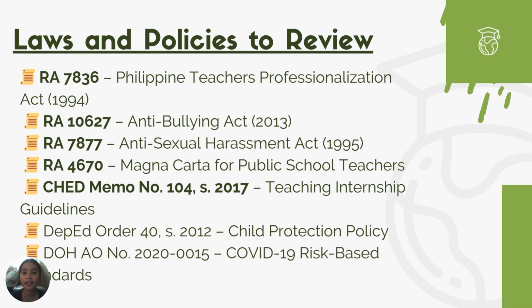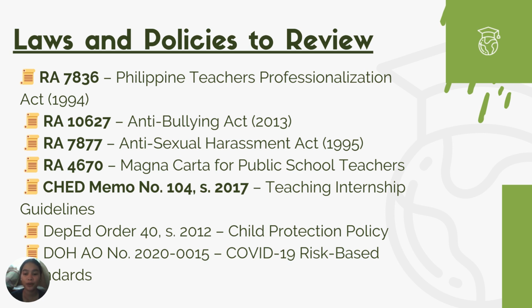The RA 7877, or the Anti-Sexual Harassment Act of 1995, this law protects students and teachers from any form of sexual harassment. RA 4670, this law protects the rights and privileges for public school teachers. The CHED Memorandum Order Number 104 Series of 2017. This outlines the policies and standards for teacher education program and higher education institution.